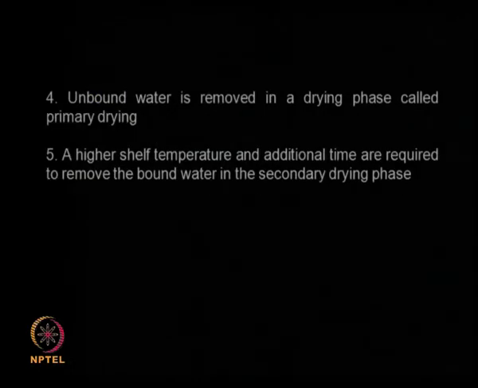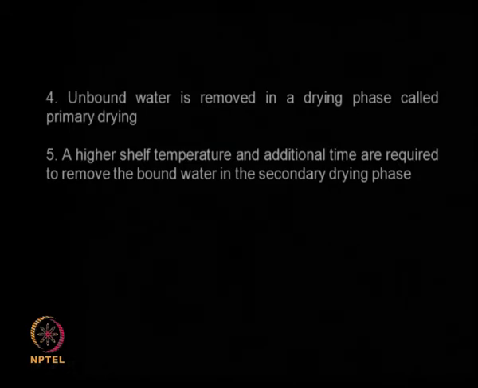By doing this we are removing all the unbound water, and that is called the primary drying. Later on we need to remove the bound water, so what do we do? We slightly raise the temperature and keep the pressure down. By doing this we are removing the bound water, and that is called the secondary drying phase.